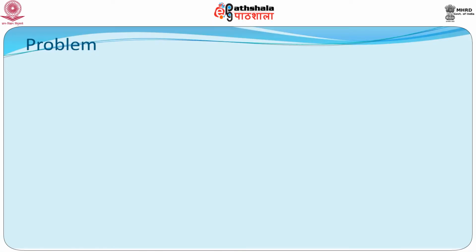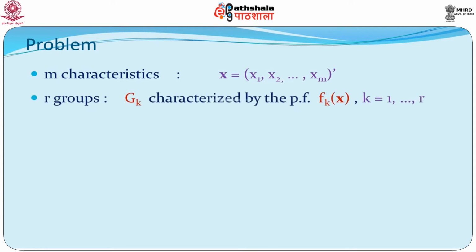So, let us look at the problem of classifying an individual when we have more than two classes. We have m characteristics of an individual given by the vector x, running from x1, x2 to xn. We assume that there are R groups. Of course, R is greater than 2, 2 would be a special case for R, and Gk is the kth group, which is characterized by the probability function fk(x).